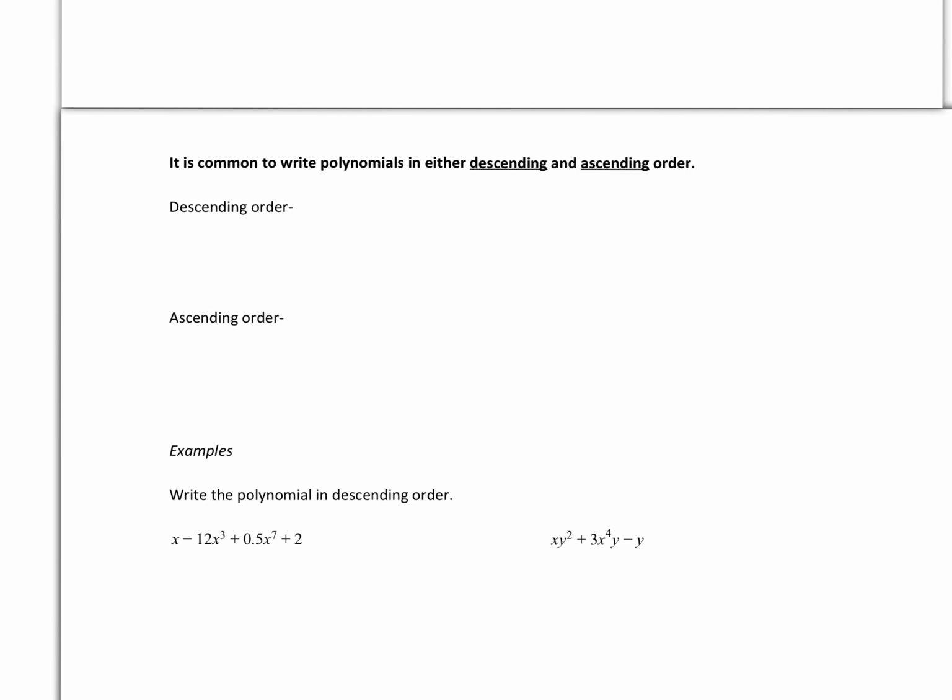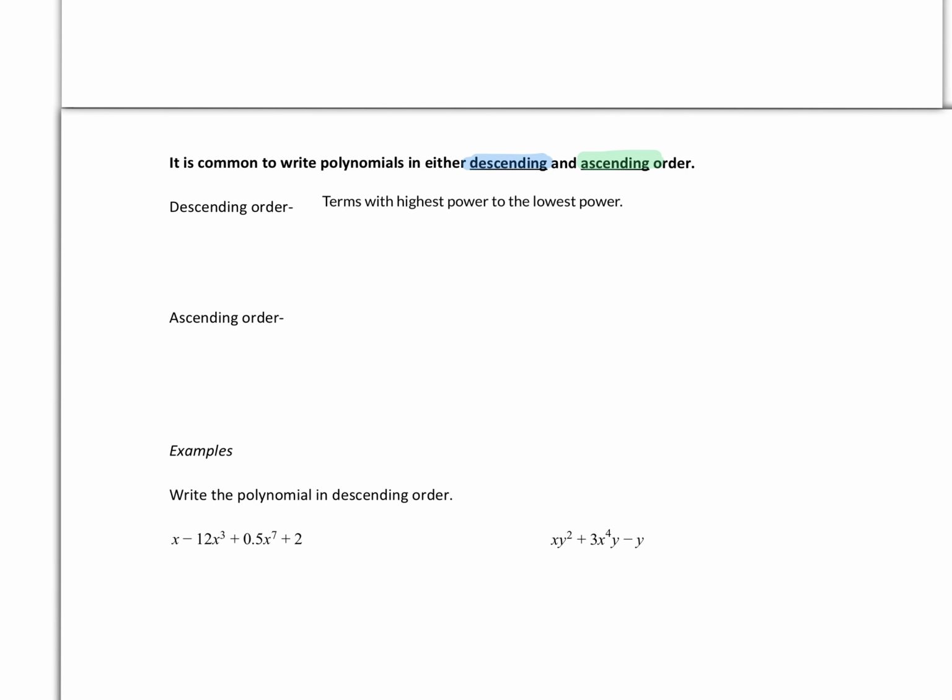Lastly, we're just going to talk about writing polynomials in either descending or ascending order. Most commonly, you're going to see polynomials written in descending order, but it is also possible to write them in ascending order. One of those two, some type of order, is always nice when you talk about polynomials. With descending order, our polynomial is going to go from the term with the highest power to the lowest power.